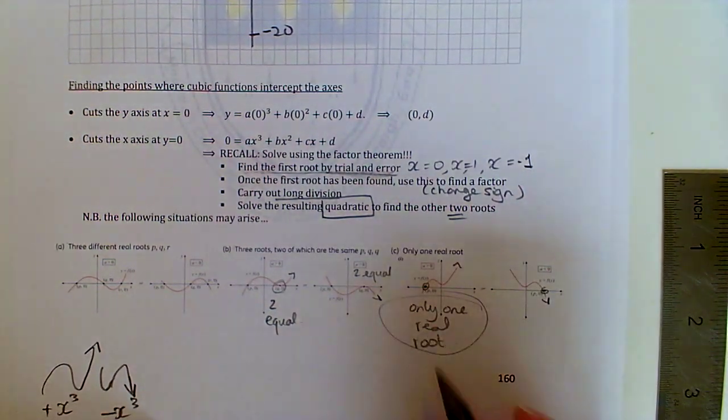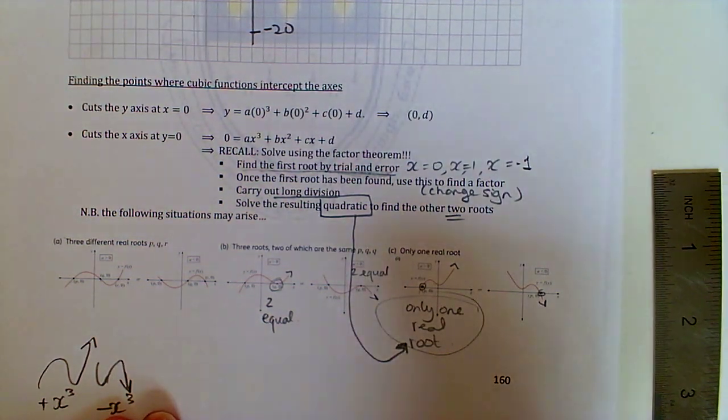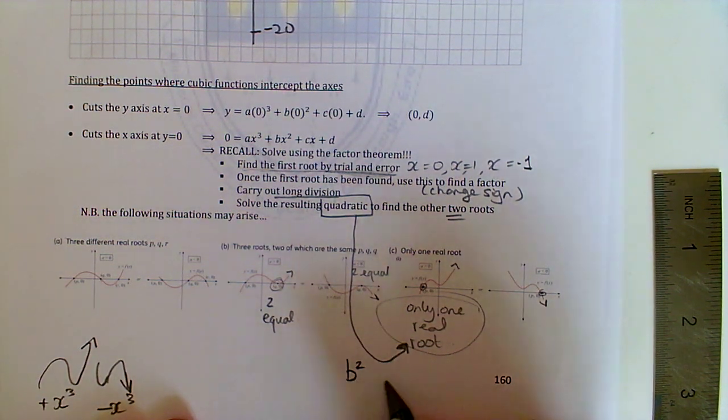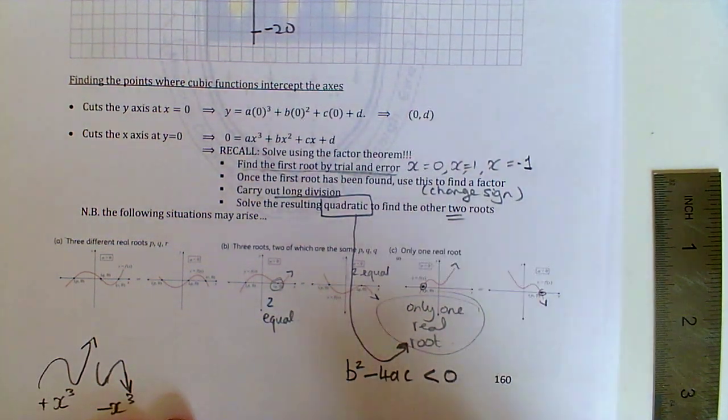So when you only have one root, this quadratic, in this case, has a discriminant, the thing underneath the square root, the b squared minus 4ac, that will be negative.